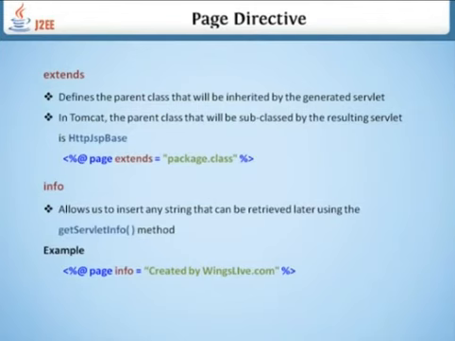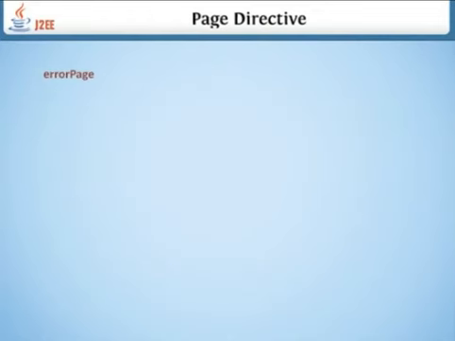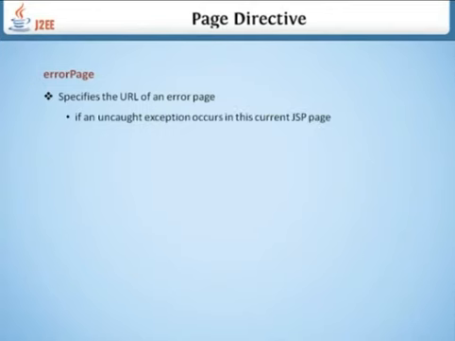Next, error page. It specifies the URL of an error page to be used if an uncaught exception occurs in the current JSP page. The designated error page must use isErrorPage equal to true.